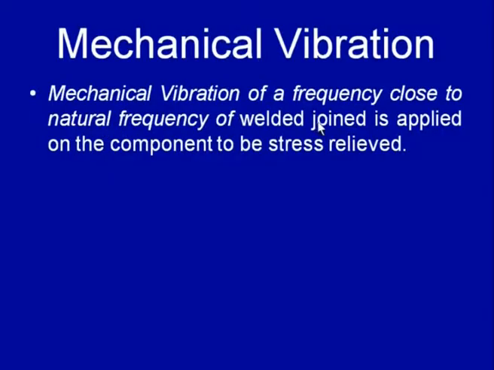Mechanical vibration is another mechanical method used for relieving the residual stresses. In this method, the welded joint is exposed to a frequency such that the natural frequency of the weld joint matches the frequency being applied.